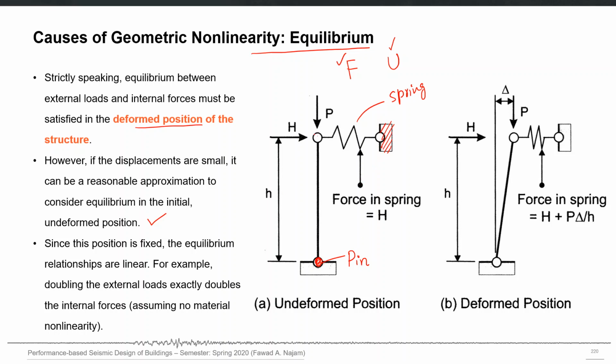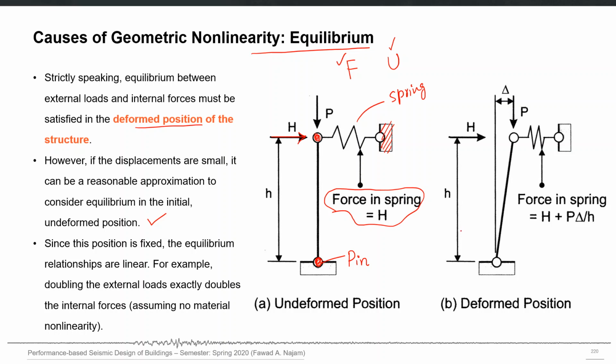Now if you have a lateral force capital H and a vertical force capital P applied to the structure, the simple equilibrium in the undeformed position will tell you that the force in the spring is simply equal to capital H. This P will have no effect on the lateral spring which is attached to this point here.